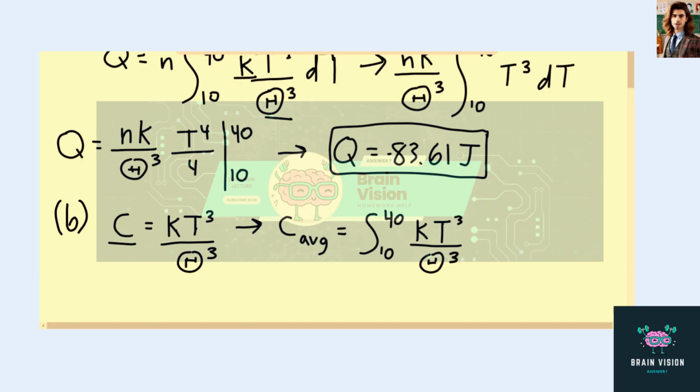But we're looking for an average value, so just giving this integral isn't going to do it. From earlier math, to take an average, you add everything up over the interval and divide by that interval. So we have this integral, then we divide by 30, because going from 10 Kelvin to 40 Kelvin, the difference between those two points is 30.